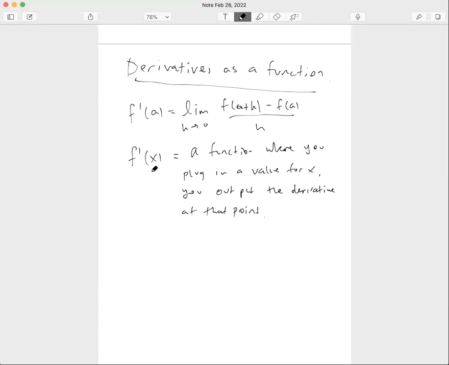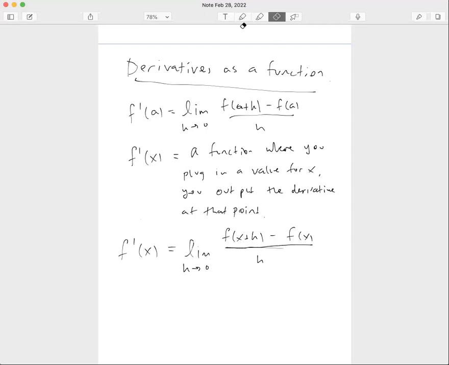But for a lot of the nice functions, we can do this. How we're going to find the derivatives is just by using the difference quotient, where x is now a variable, not an actual point.